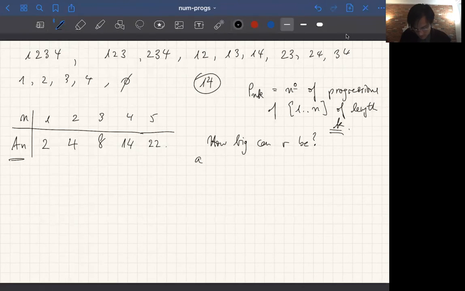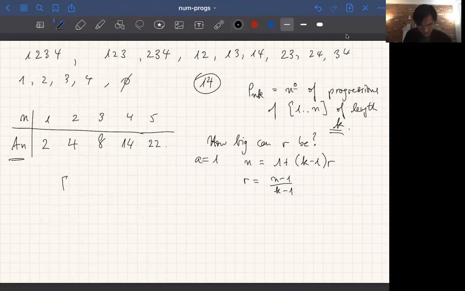Okay, so we'll say A equals 1, and we want n to equal 1 plus k minus 1 times R. And so that's how we solve for R. So R will be equal to n minus 1 over k minus 1.